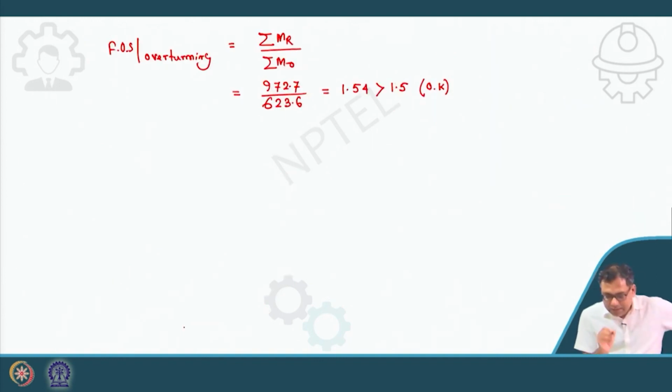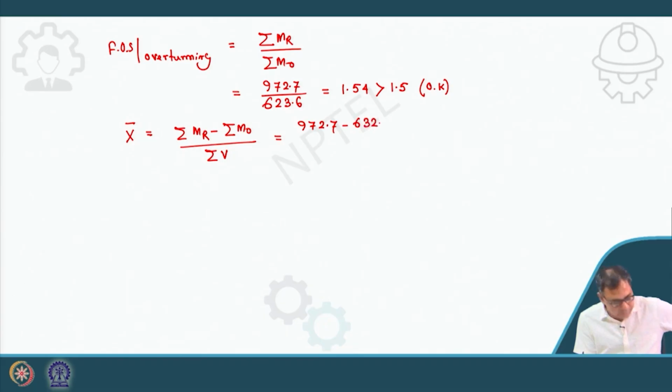So, now I will calculate the eccentricity. You know that x bar is the summation of resisting moment minus overturning moment, divided by all the vertical forces. This is 972.7 minus 632.6, divided by all the vertical forces, how much?